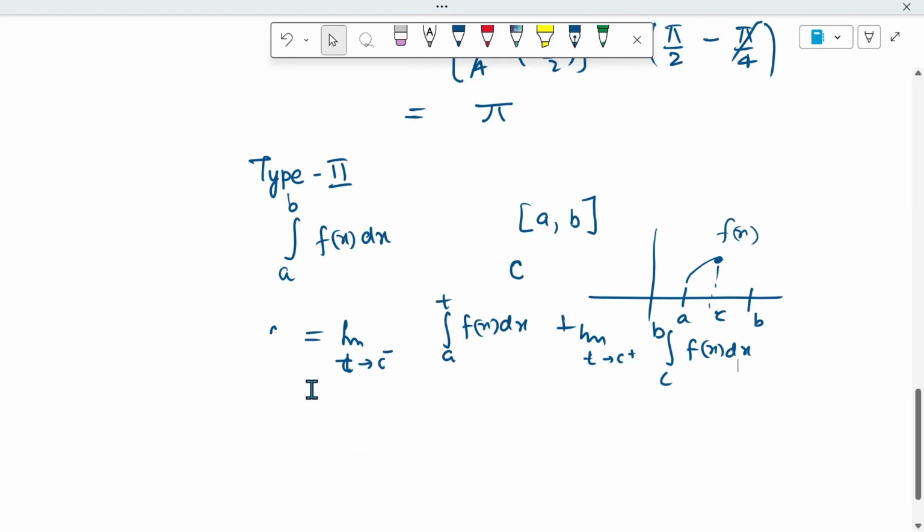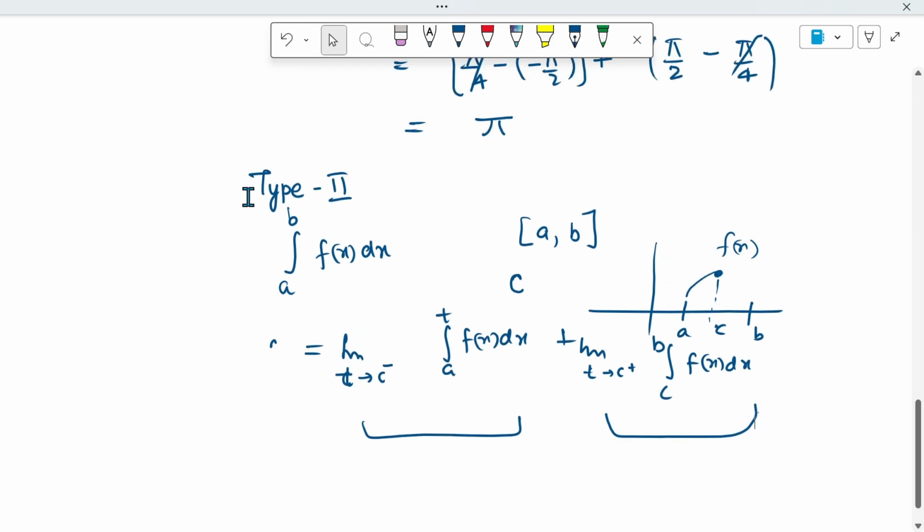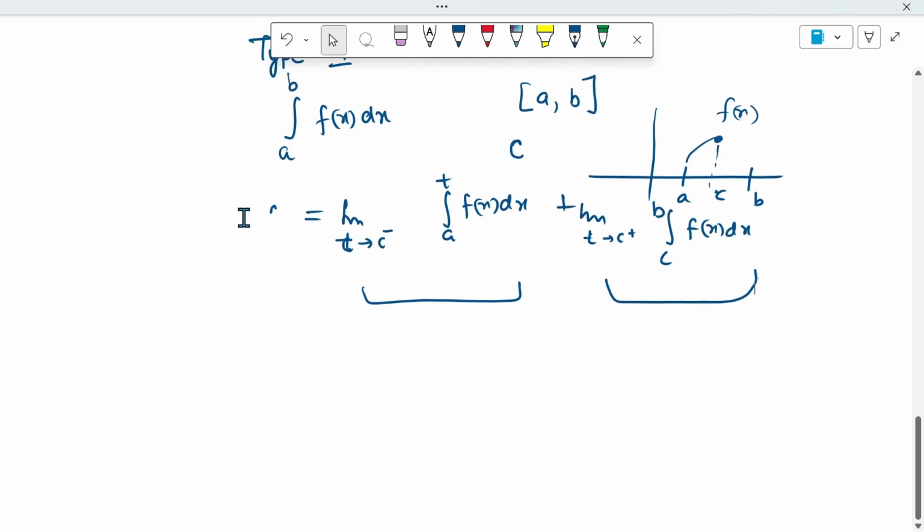So to solve this, this limit has to exist, means this and this. So this type of function will fall in the category of type 2 improper integral. Okay.